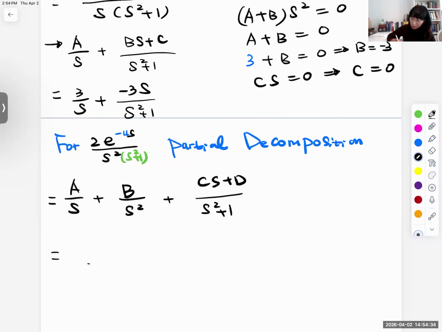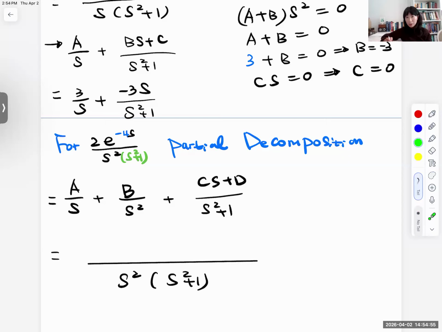Okay, then there will be common denominator. So s squared, common denominator will be s squared, right? And then s squared plus 1. Now we understand why we have to make s, right? So the composite is s. Even though we make a common denominator, we get s squared and s squared plus 1, which is the same as here, right? Okay, good.